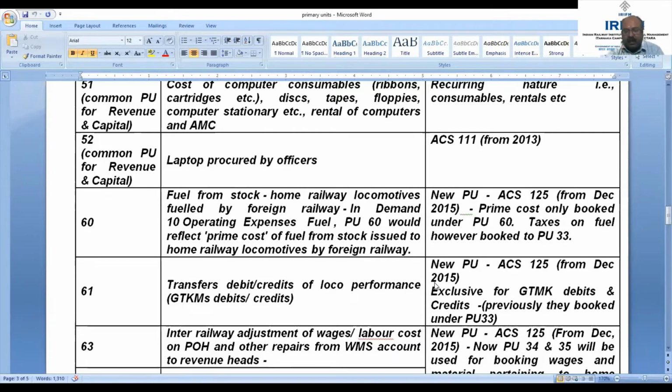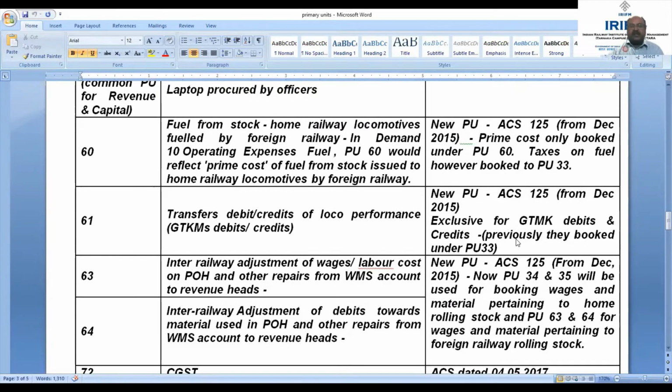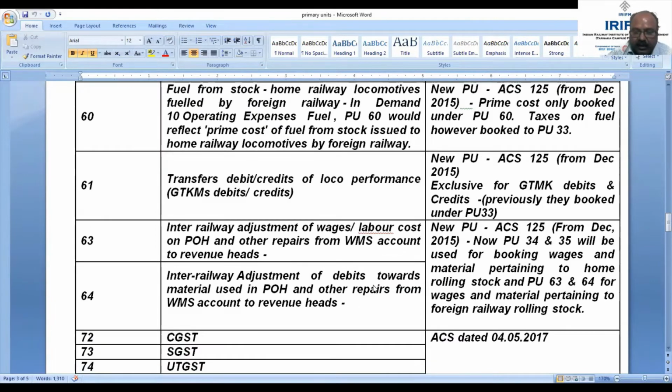And 61 is also newly introduced. Previously, it was PU 33. This is the transfer of debits or credits of local performance, that is, the GTKM debits or credits, gross ton kilometer debits. And 63, 64: previously, POH done at foreign railways was booked under 34, 35.